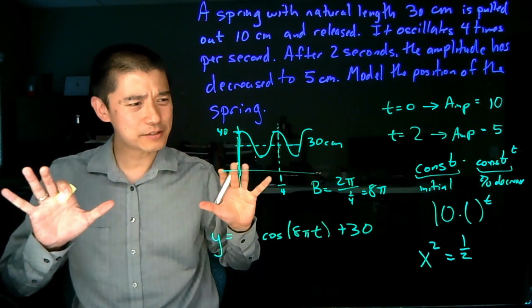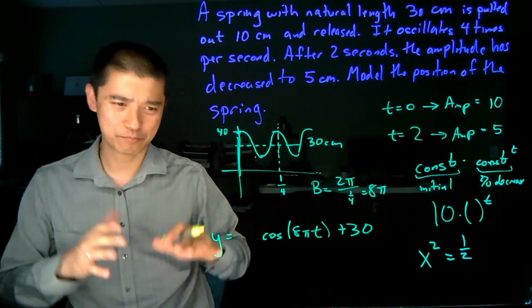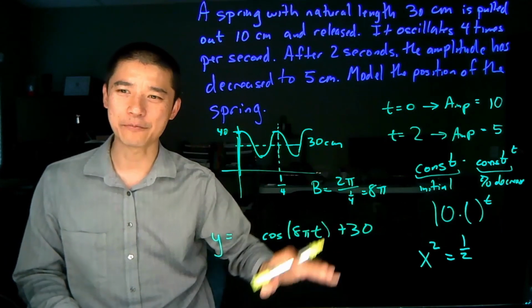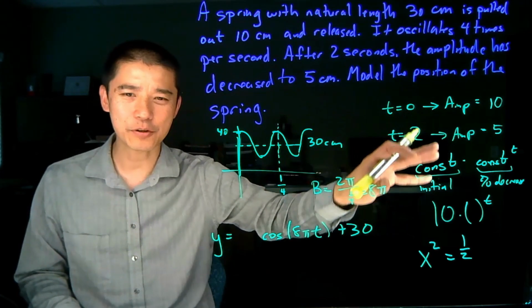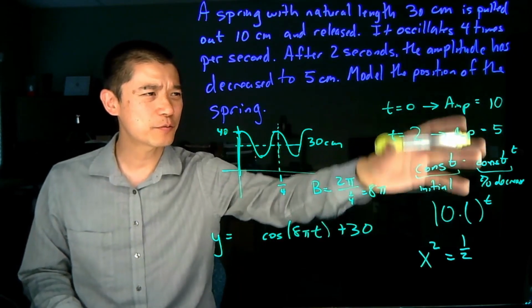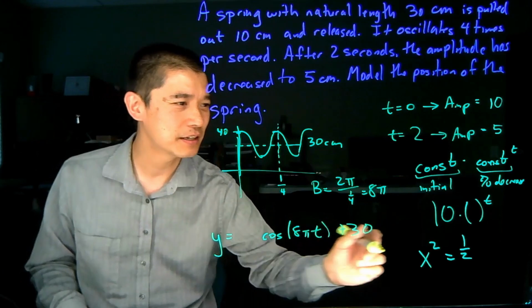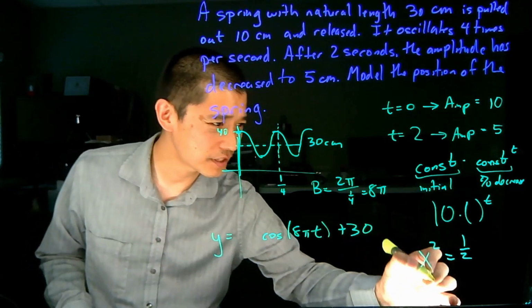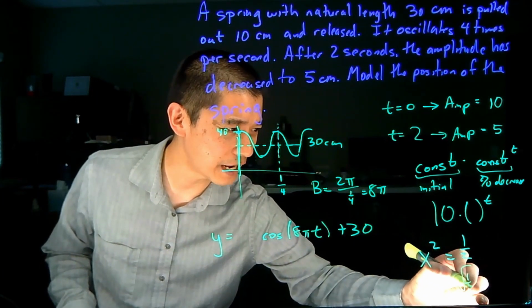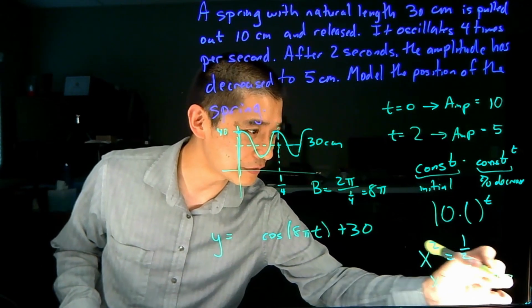Now this will take a little bit of practice, and in a class more focused on physics, where you have to do this a lot, we'd spend a lot more time with this. For now, I just want to keep our eye on the big picture. We are just going through this process to figure out what the percent decrease is per second. And so this tells us that x is equal to the square root of 1/2, and if you actually work that out, that ends up being about 0.707.